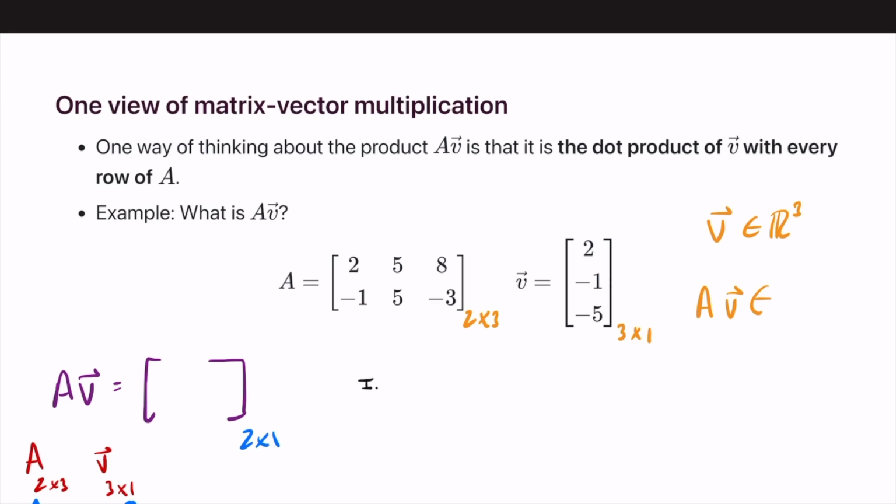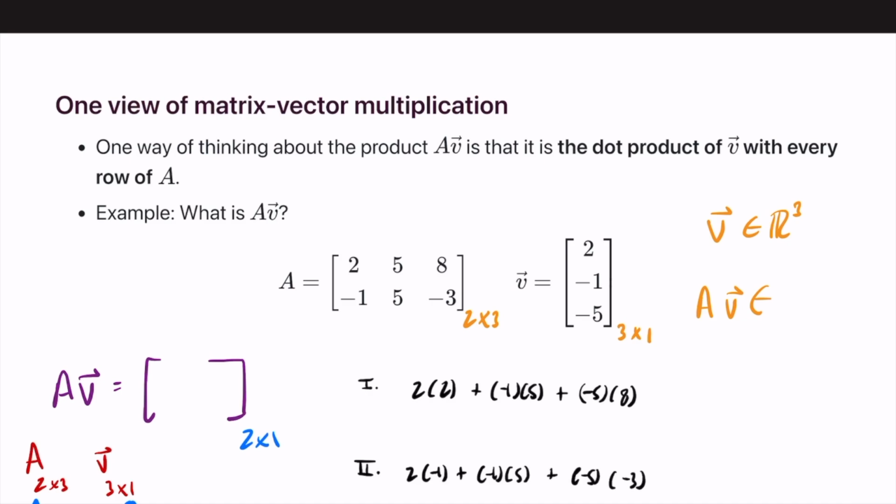So the first one is going to be 2 times 2 plus -1 times 5 plus -5 times 8. And the second one is going to be this bottom row here times this column vector, which is going to be 2 times -1 plus -1 times 5 plus -5 times -3. So this is going to be 4 minus 5 minus 40.